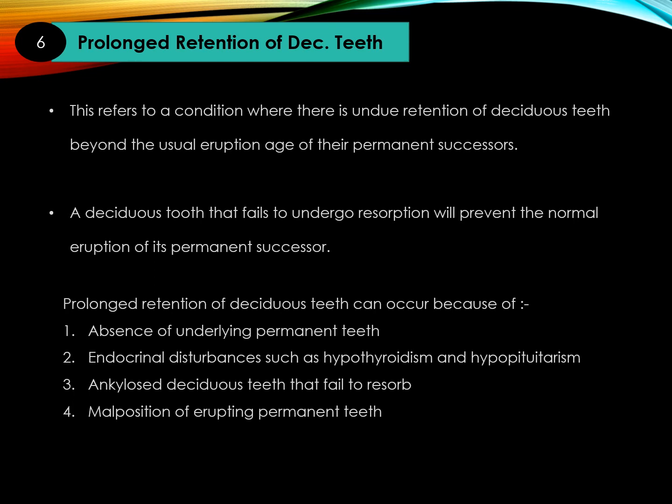Now, prolonged retention of deciduous teeth. This is another factor which can lead to the development of malocclusion. This refers to a condition where there is undue retention of deciduous teeth beyond the usual eruption age of their permanent successors. A deciduous tooth that fails to undergo resorption will prevent the normal eruption of its permanent successors.